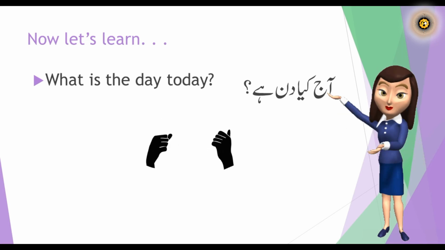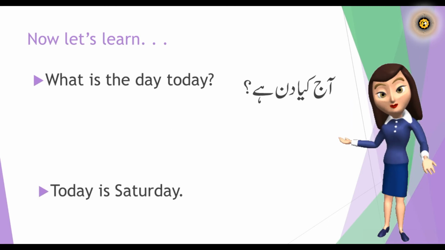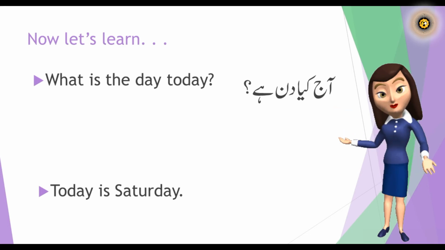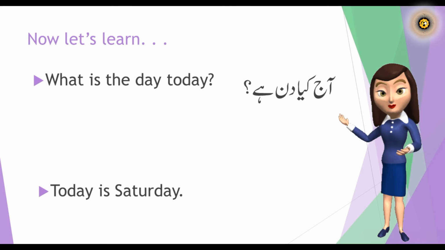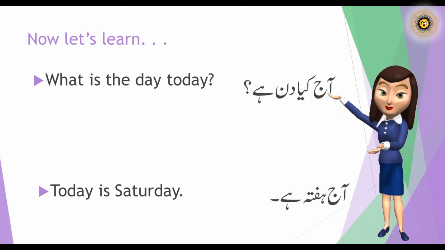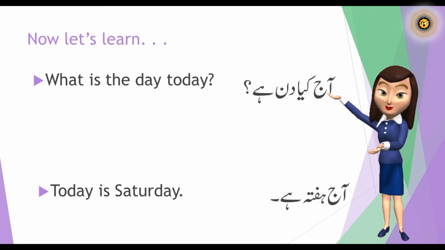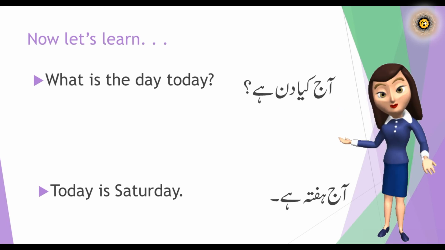In answer of this question we say today is Saturday. Today is Saturday. And in Urdu we say aaj hafta hai. Because you remember how do we say Saturday in Urdu? Yes, correct. We say hafta.